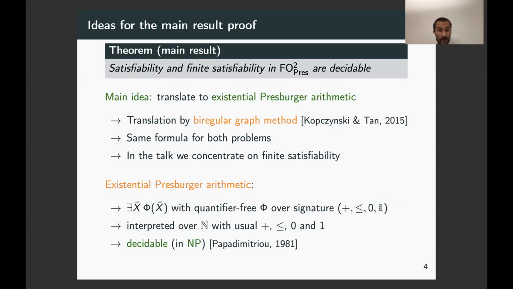What is important here is that we interpret these formulas always over just natural numbers with the usual meaning of the symbols. And here satisfiability, which is in fact just model checking, becomes decidable, and this is a well-known result. It is in NP.